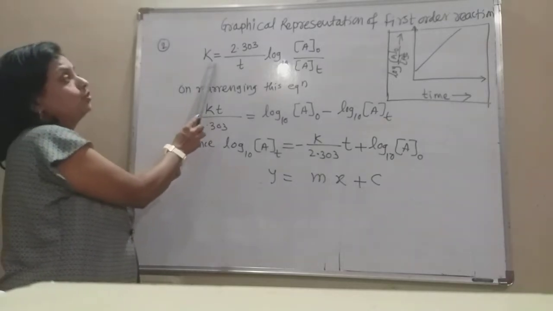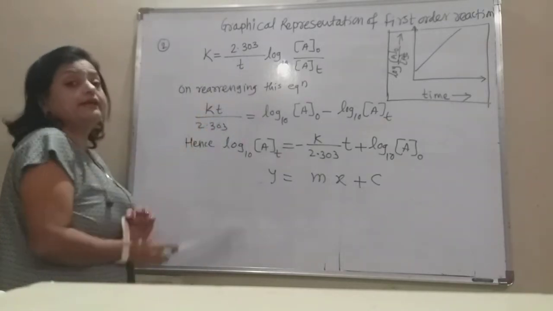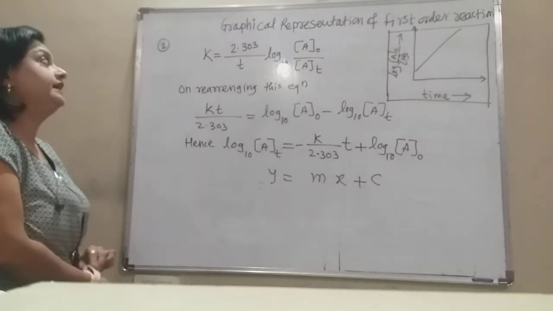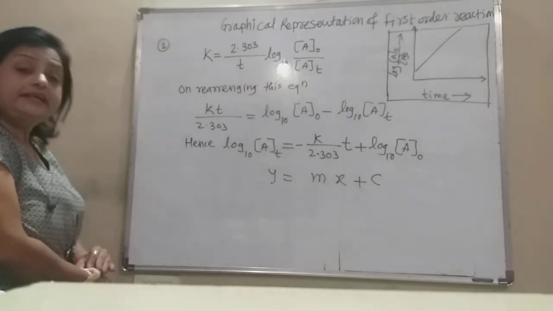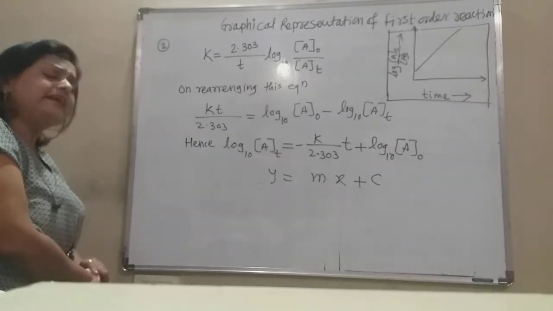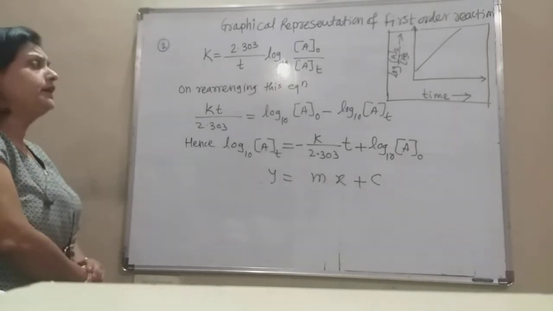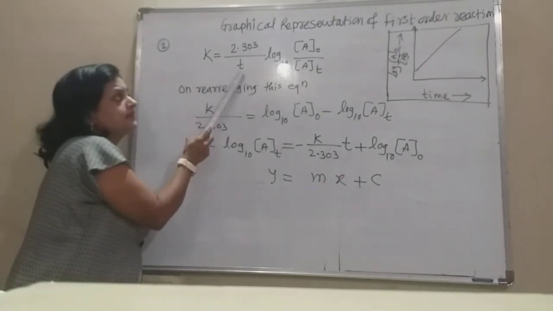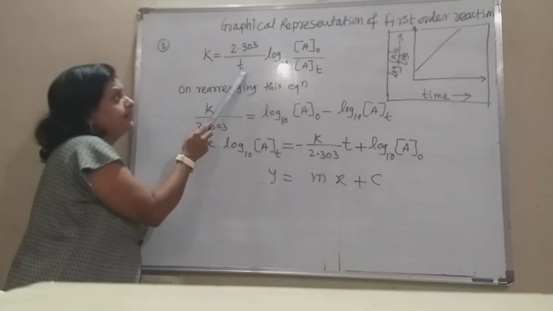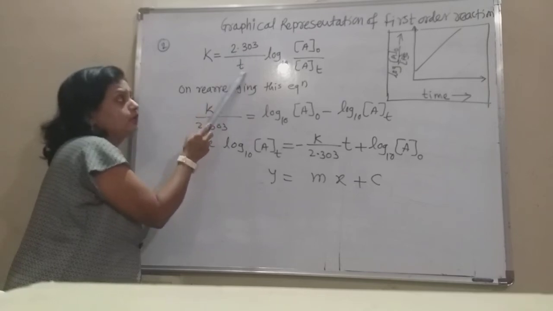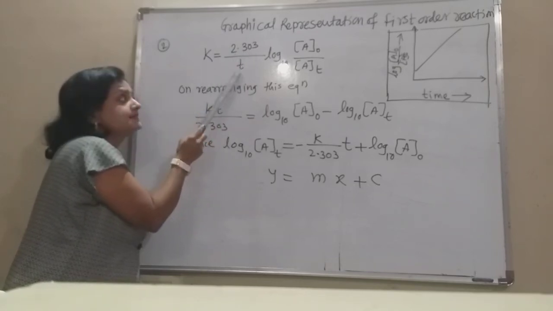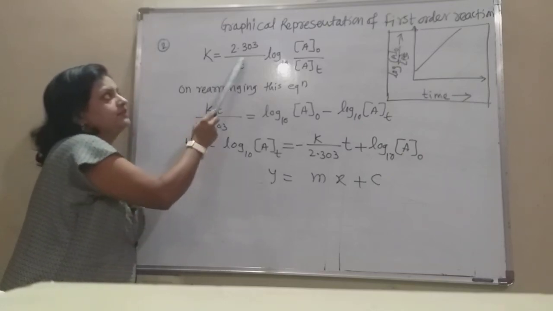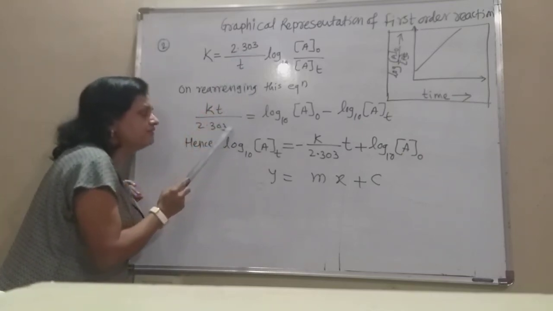Now K is equal to 2.303 divided by t, log to the base 10 of A0 upon At. Now this is the integrated rate law. By rearranging this equation, how does it become? Now here is the t which is divided by 2.303. Now it goes to the left hand side, it becomes multiplied. So Kt, and this 2.303 becomes divided.